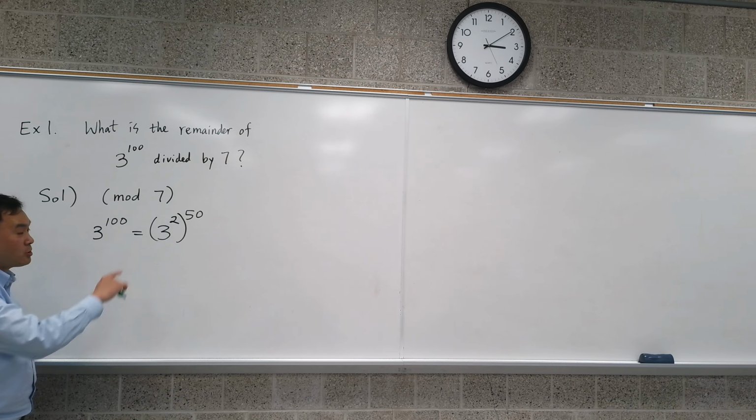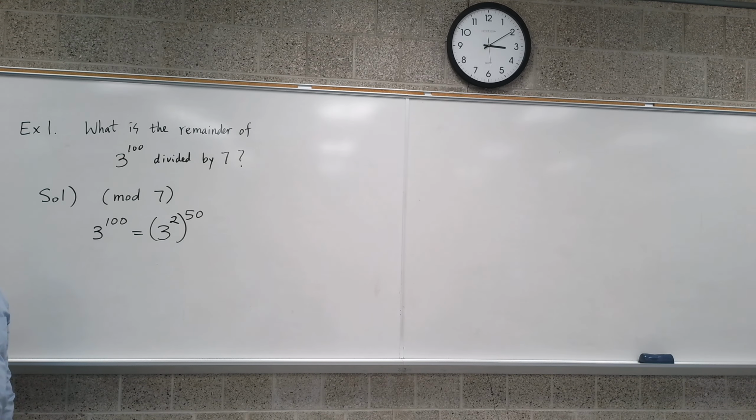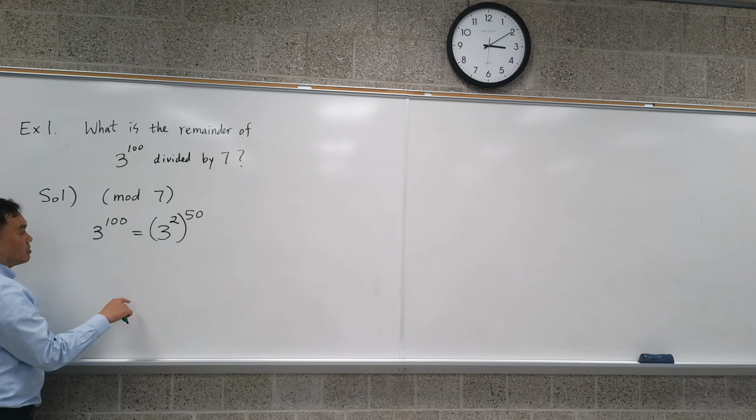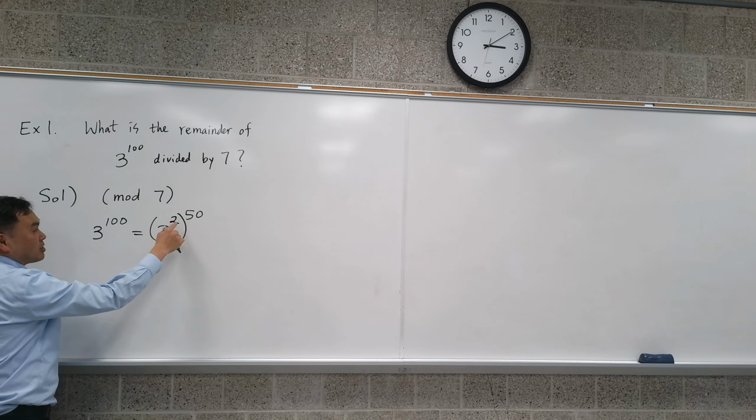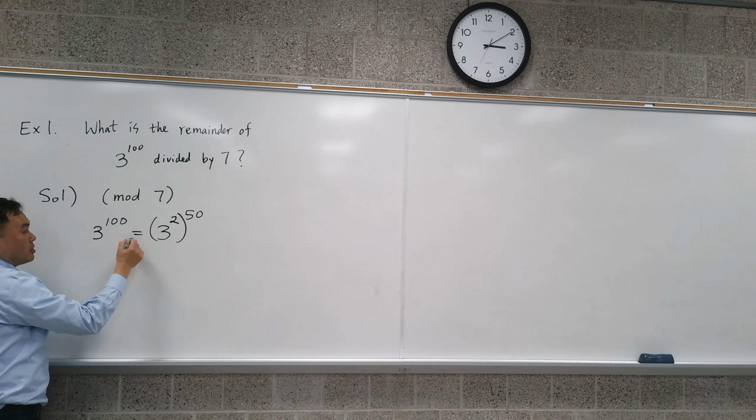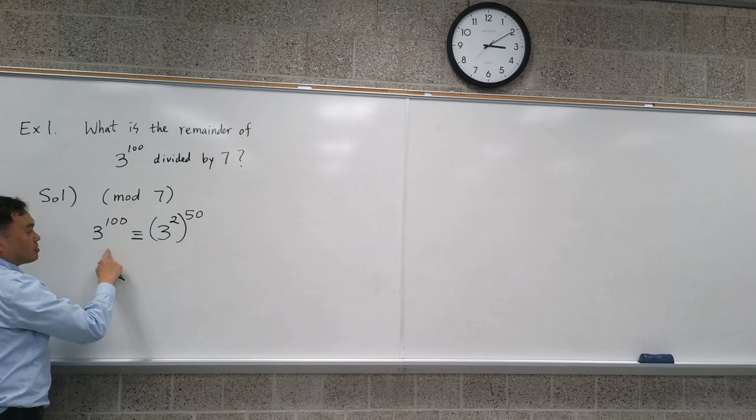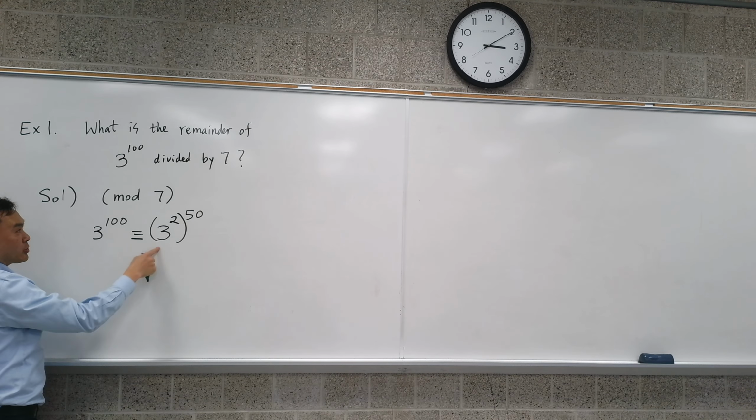That's true without saying congruent, right? These two are equal as regular numbers, so they're still congruent under mod 7.